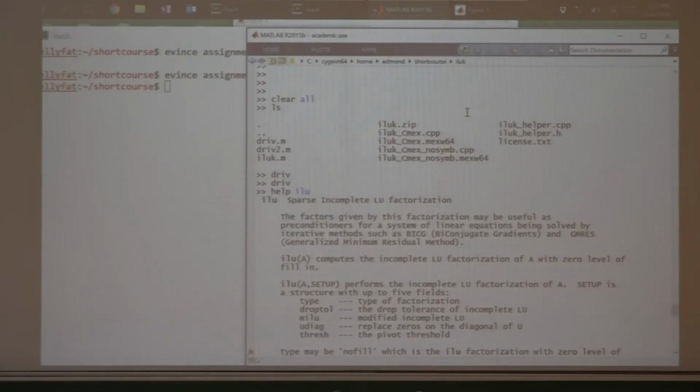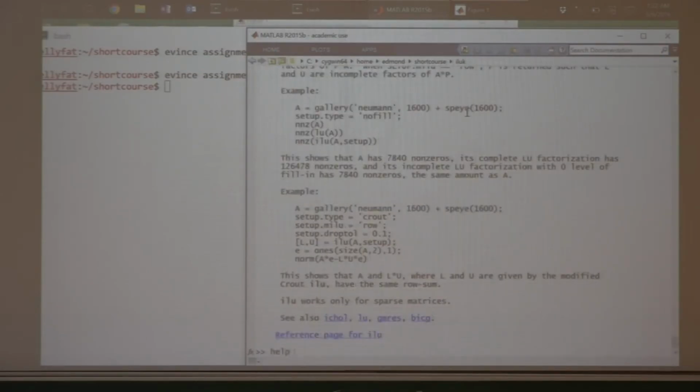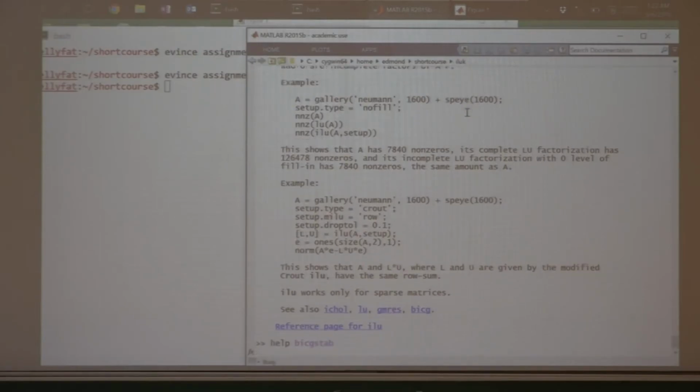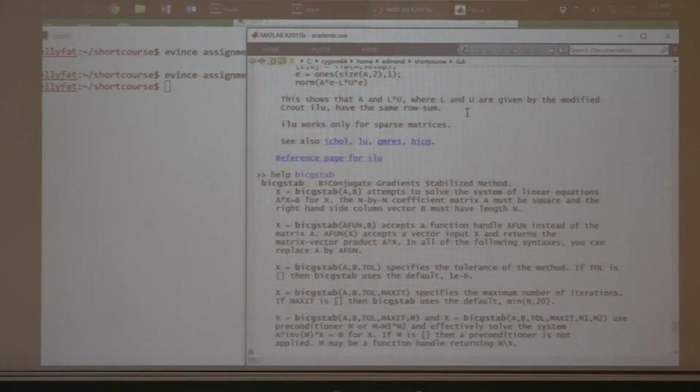Okay, so we talked about that, and that's what you're going to use. And if you have an older version of MATLAB, I think it's not called ILU, it's called IncLU for incomplete LU. Okay, and similarly for BiCGStab, there's help on how to use it, right?